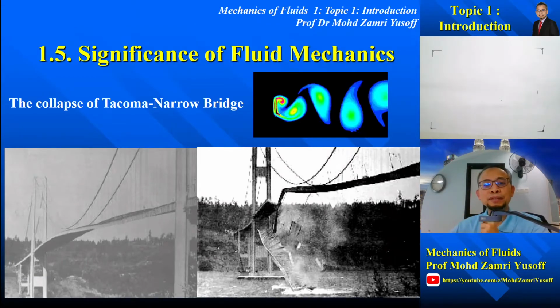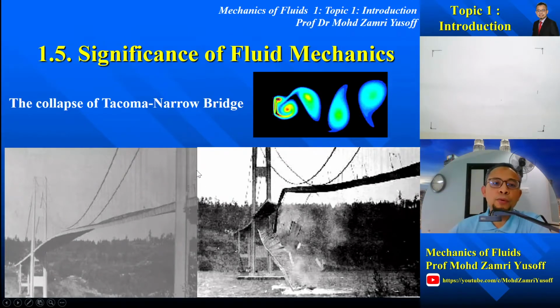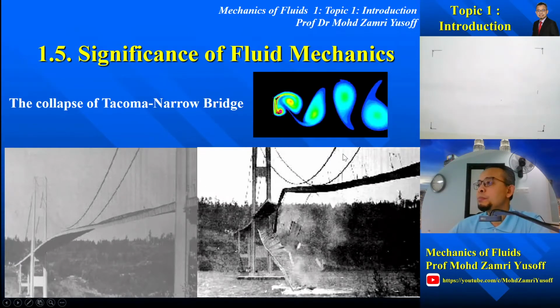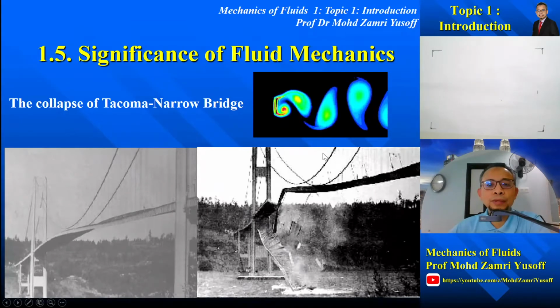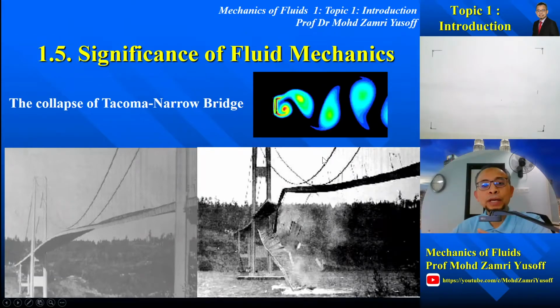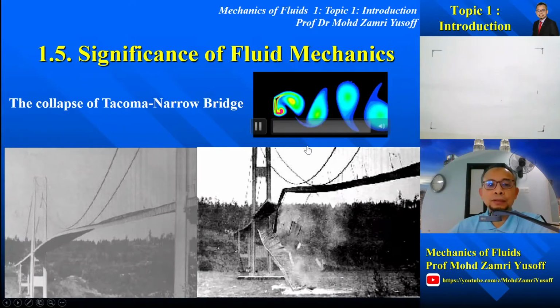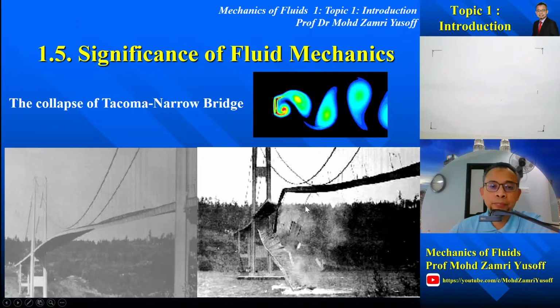So from the video just now, we can see the effect of not fully understanding the behavior of fluids. What actually happened when the wind blew past the bridge is that there was a formation of vortices, or vortex shedding, which we call the von Karman vortex street, as shown in this animation here.